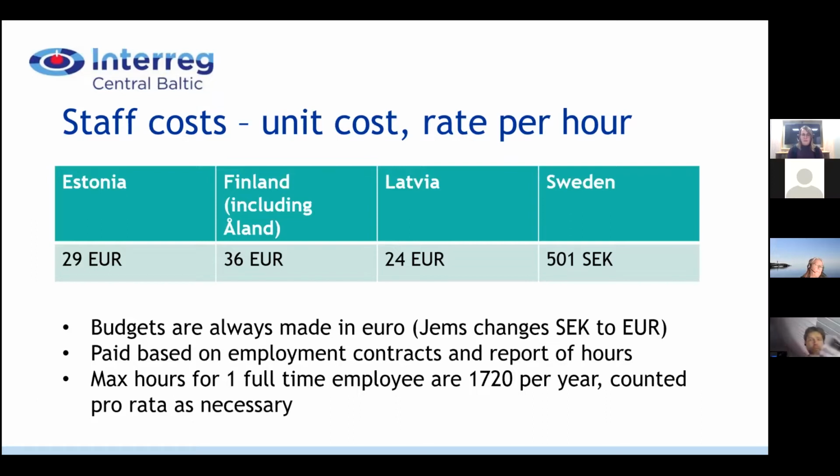And here you see how much it is for each of the countries, and that is for pretty much every type of work that will be done in the project. So it would be either the director of the organization or some project specialist or secretary. All of them will receive 24 euro per hour, for example, in the case of Latvia.